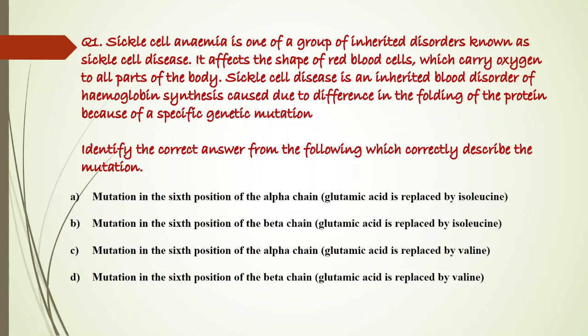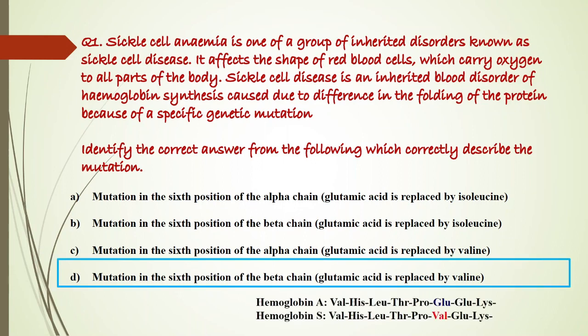What is the mutation that happens during the folding of protein in hemoglobin synthesis that causes sickle cell anemia? A similar question we discussed in the last session as well, I remember. So from that, try to identify your correct option. What is the mutation that propagates the formation of this disease?